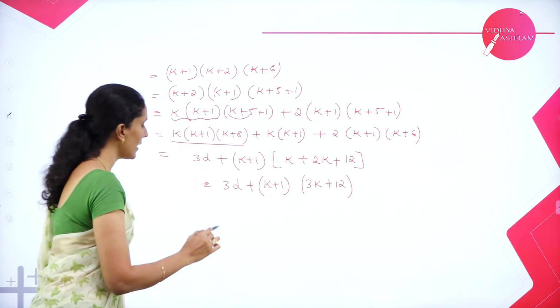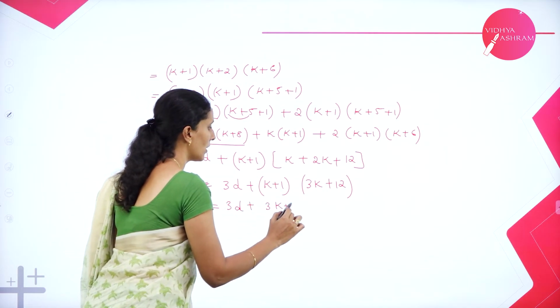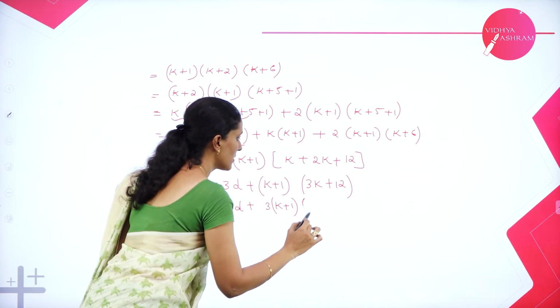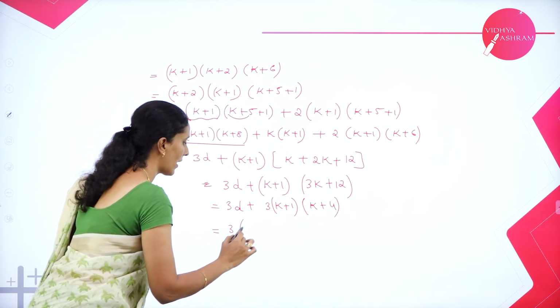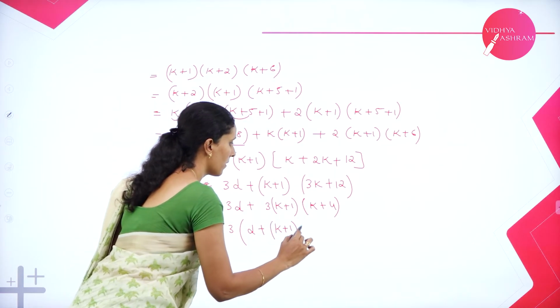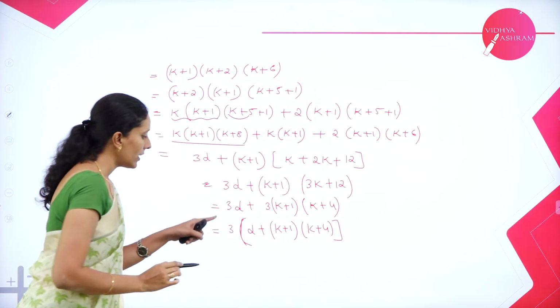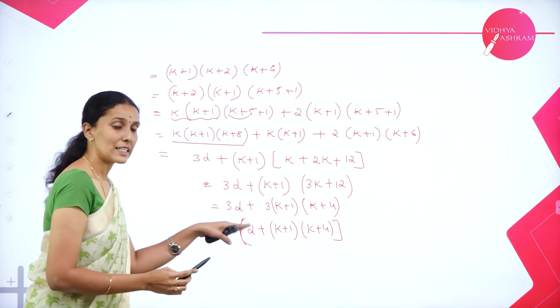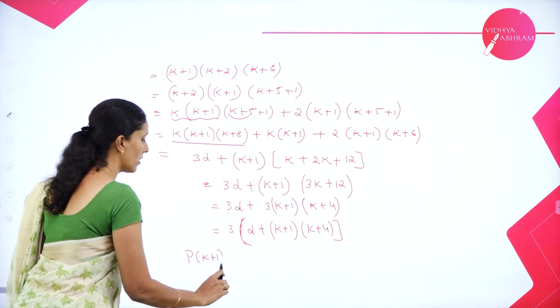If you take 3 as a common factor, it is 3d plus 3 into k plus 1 into k plus 4, since 3 4s are 12. Again take 3 as a common factor. We get 3 into d plus k plus 1 into k plus 4. So clearly it's a product of 3, that is, it is a multiple of 3. Therefore, P of k plus 1 is true.